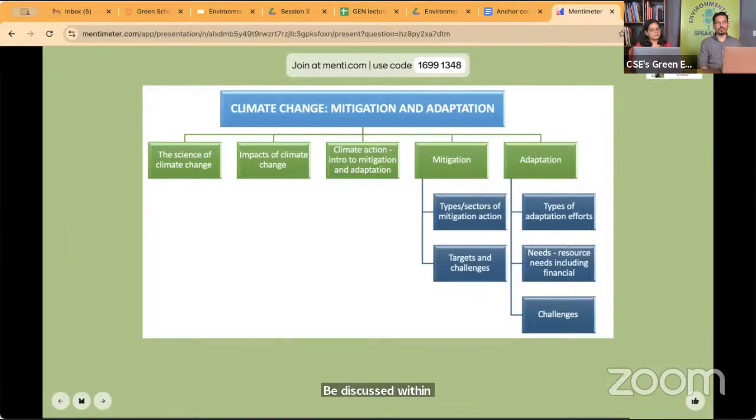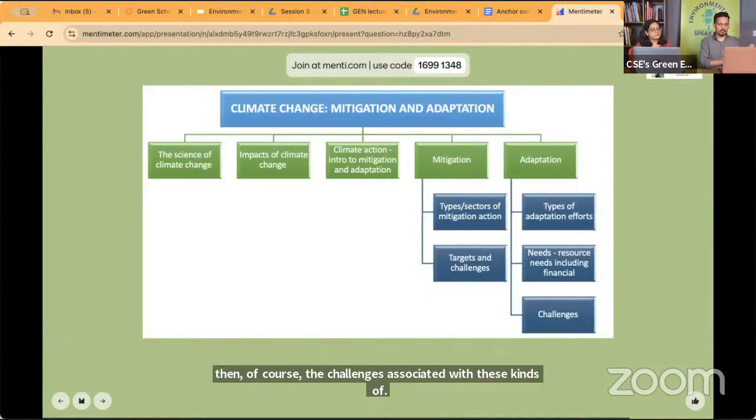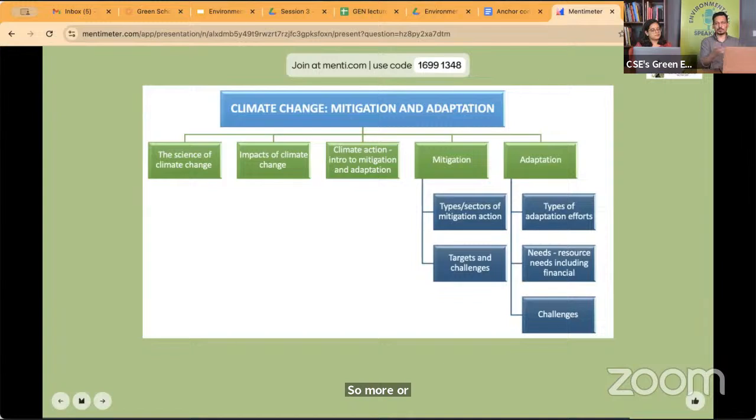I think the focus should be on these parts equally as much as we are giving to discussing the impacts. And then, of course, the challenges associated with these kinds of action. So more or less, these are the topics that I discuss.